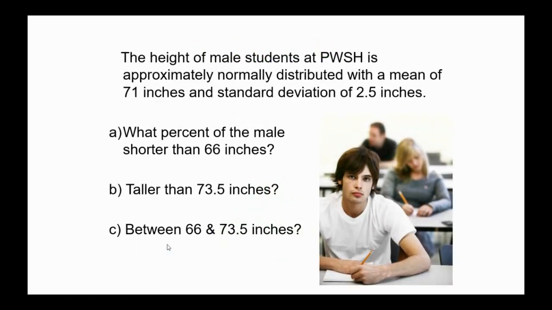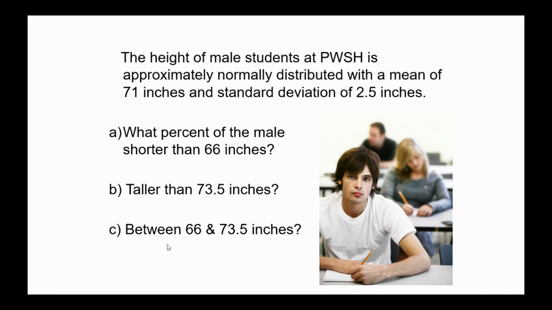Okay, so next example. The height of male students at PWSH is approximately normal with a mean of 71 and a standard deviation of 2.5 inches. What percent of the males are shorter than 66 inches?